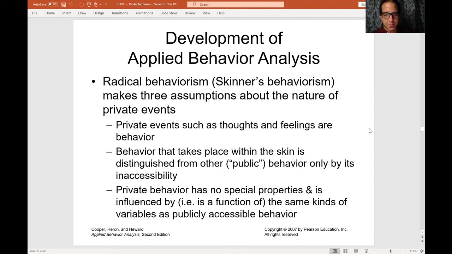So again, I think I mentioned this before. It is subject to the same variables that influence the behavior that we can see. It has some special properties, just that it is not accessible to everyone. It's mostly accessible to the person who is engaging in the thought and the feeling or any private event.